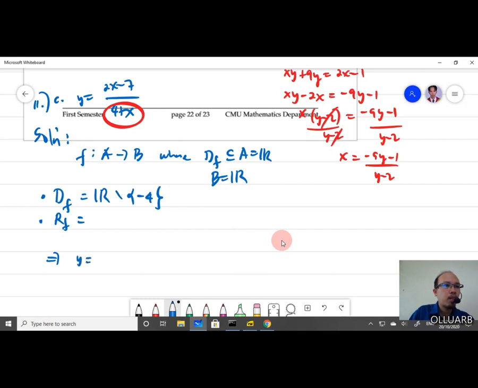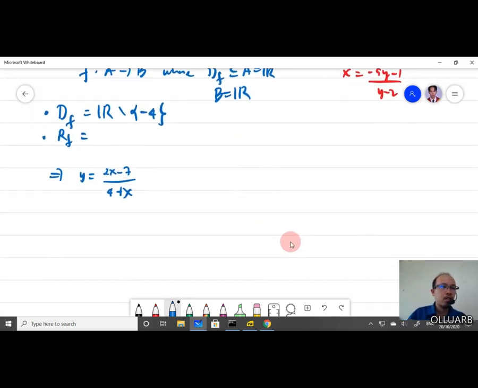So we have y equals 2x minus 7 over 4 plus x. So compute, we have 4 plus x cross multiply.